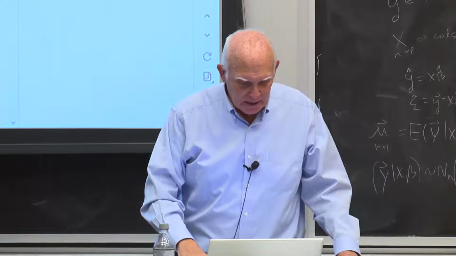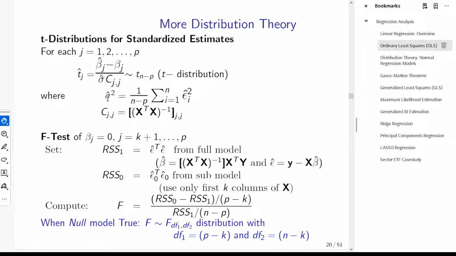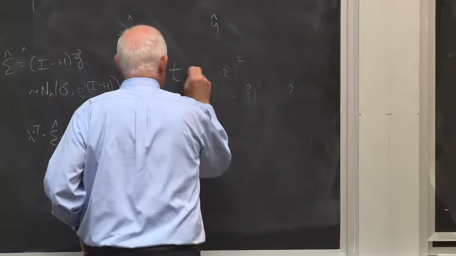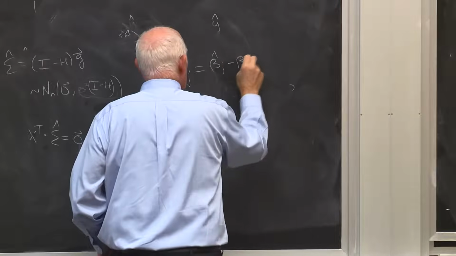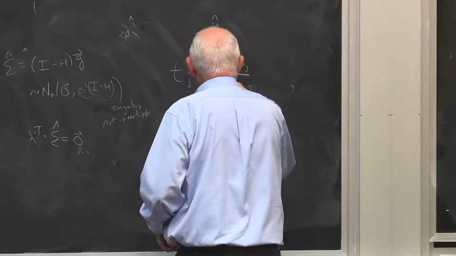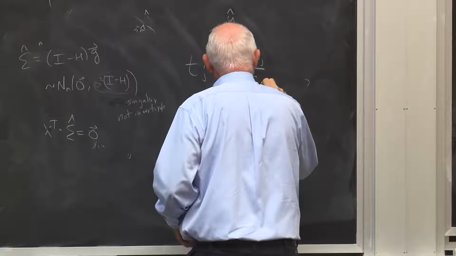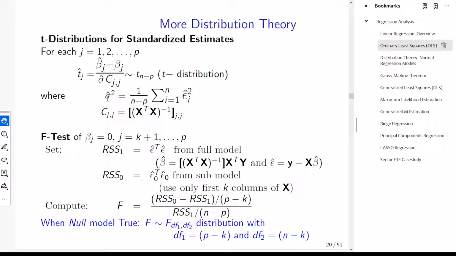And when we have independence of the error vector and the regression parameter vector, then we can compute t-statistics for regression parameters. As stated in the notes, t_j equals beta hat j minus the true beta j, divided by sigma hat times the square root of c_jj. This will have a t-distribution.